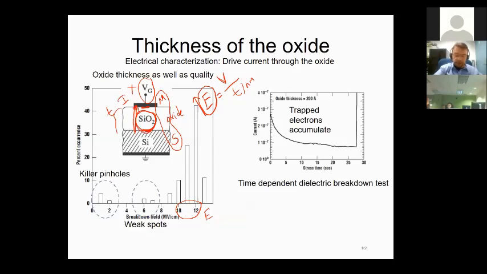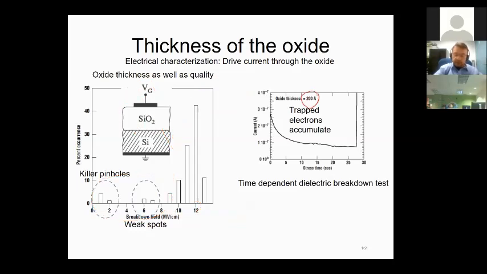Well, if we have defects here, they already get broken before even reaching that kind of an electric field. So those are going to be the defective oxides. Yeah, you can also try to estimate the thickness by running the current in another electronic measurement characterization.